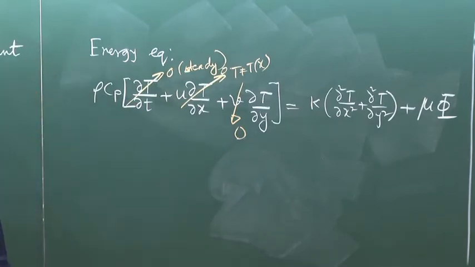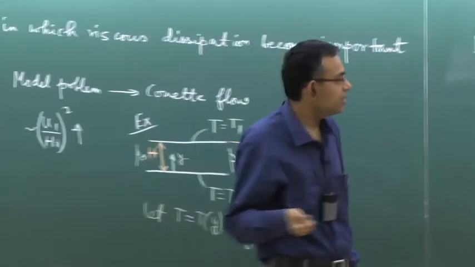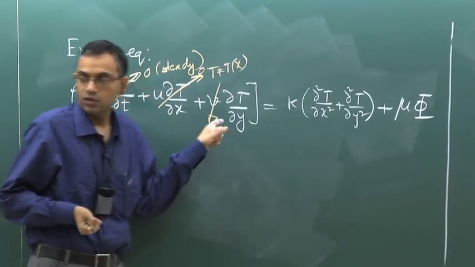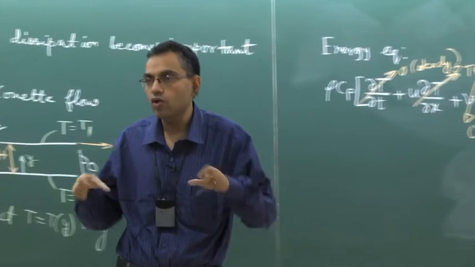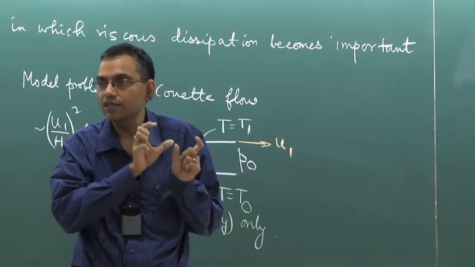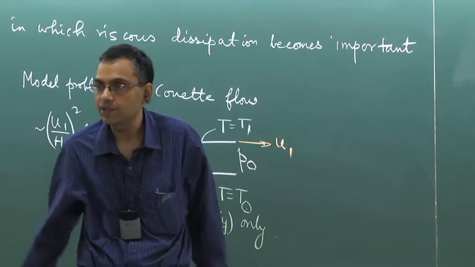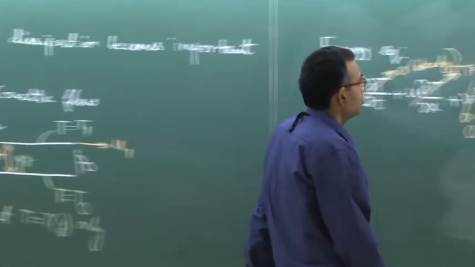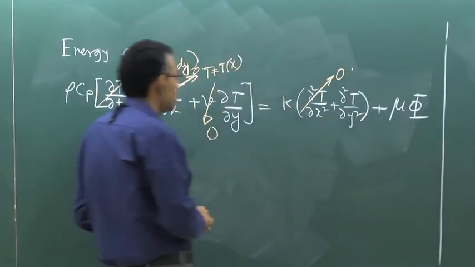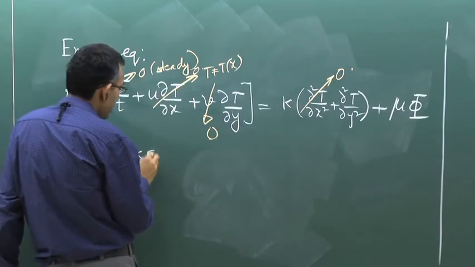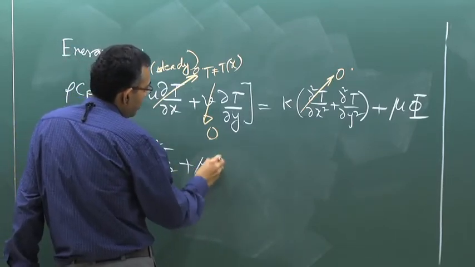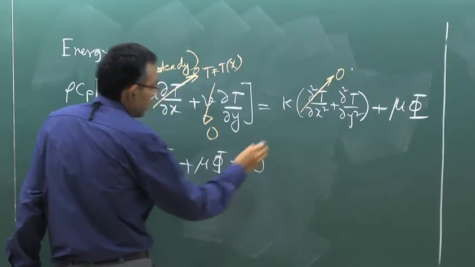If there is a hole in the plate, then you will have a V dT/dy term. So it is not that the left hand side always becomes 0; you have to be careful about the situation and then put that understanding into the mathematical terms. Because T is not a function of x, this is 0, so you are left with k d2T/dy2 plus mu phi is equal to 0.